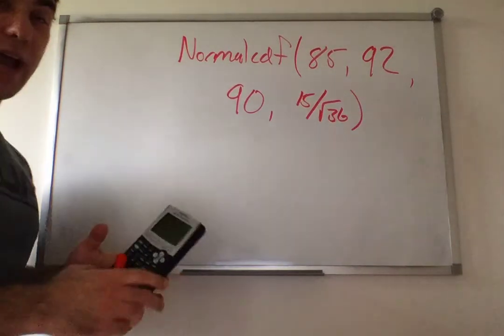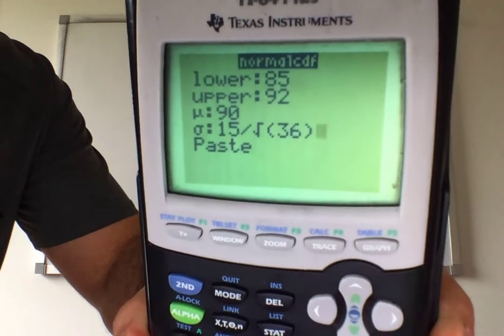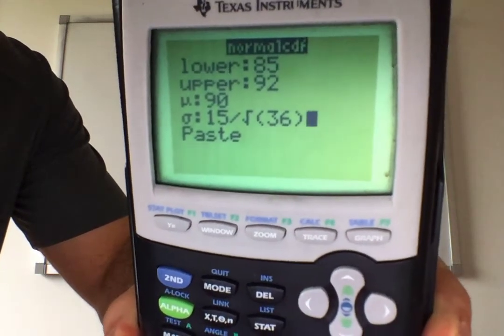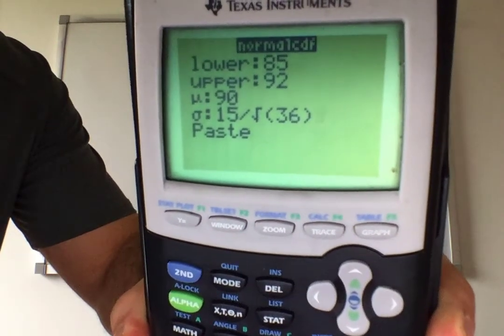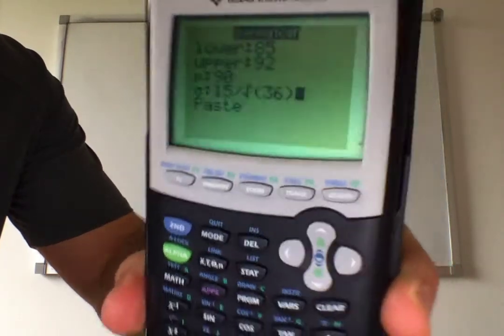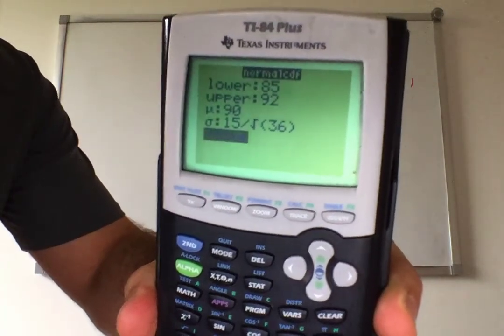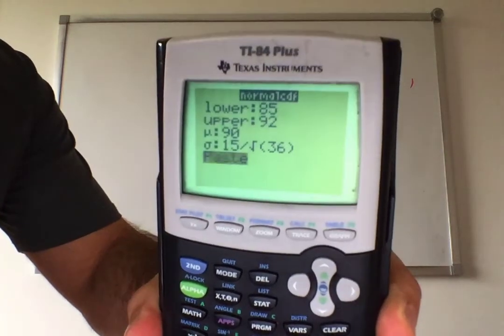If you look at how I typed in my standard deviation, I didn't calculate 15 divided by square root of 36 first. I typed it directly in on the calculator as you see it, and it will calculate that number for you. You do not have to figure out what it is beforehand.